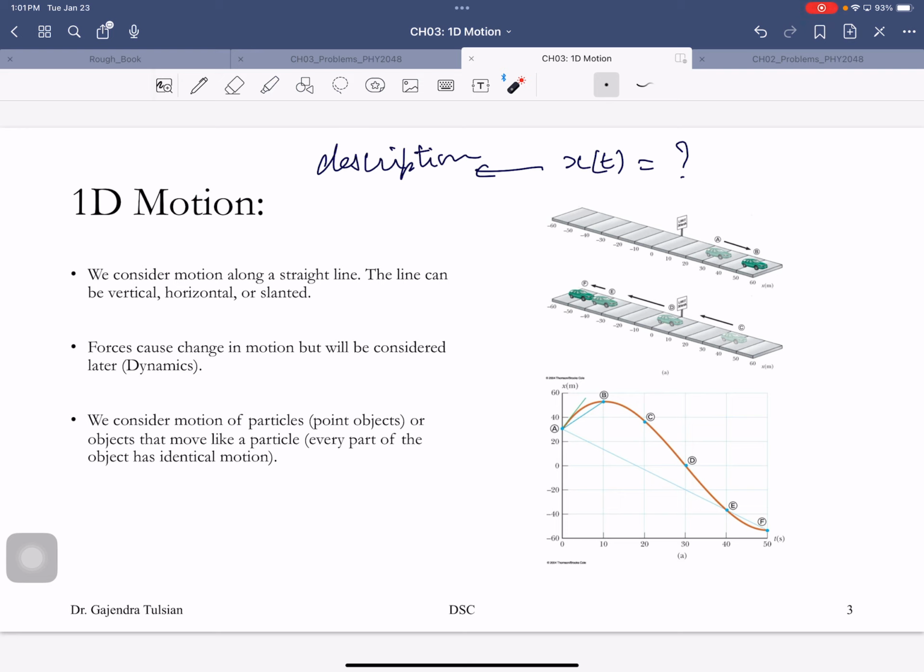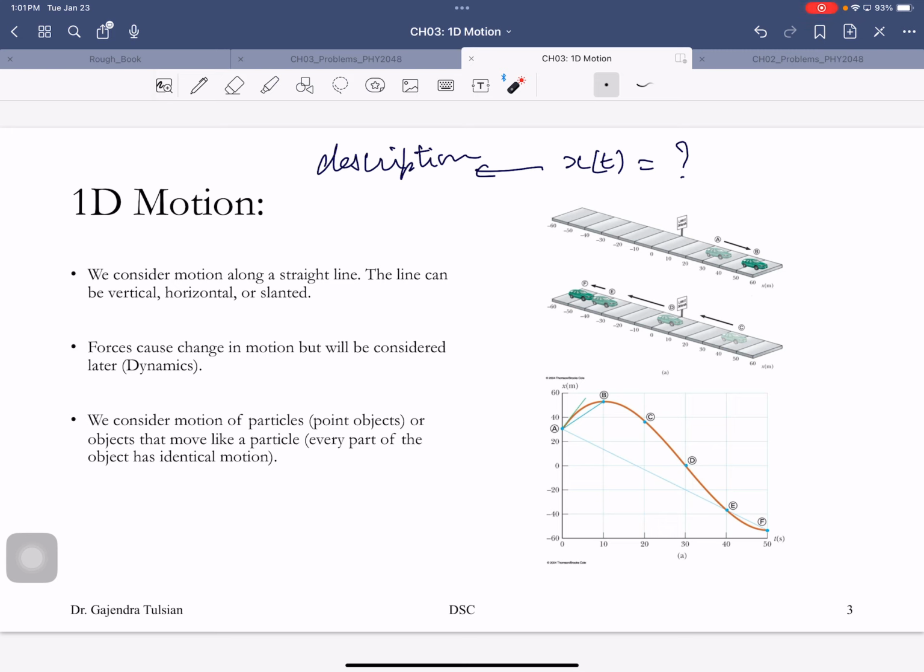All right, well, you already know the two chapters now, so I'll just quickly go over the slides. Again, do you guys understand where we're headed? What is it that we're trying to do? We're trying to describe motion. When somebody says describe a motion, what do we mean?